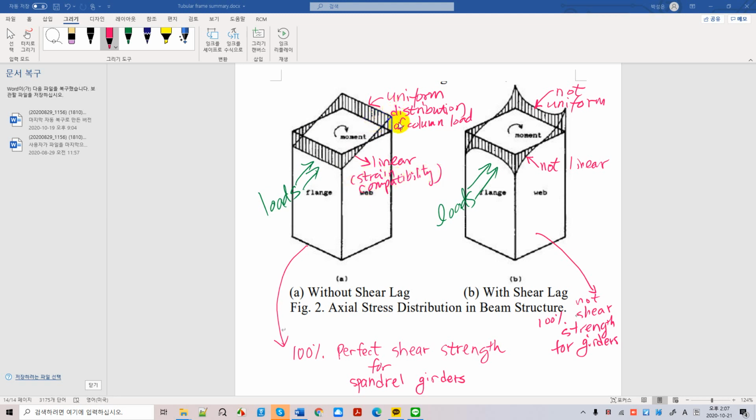Also, your compression distribution on the compression flange follows uniform distributions, as you see over there.